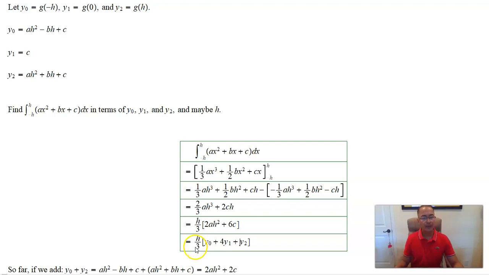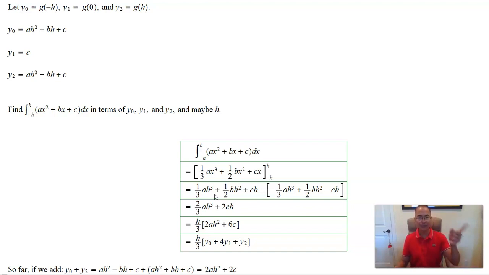So it's expressed in terms of h and the 3 y coordinates, the left, 0, and the right. So how are we going to use this to find the area of 4 parabolas, right?